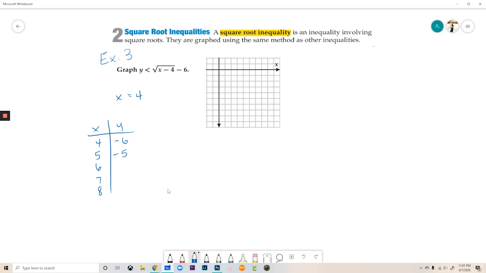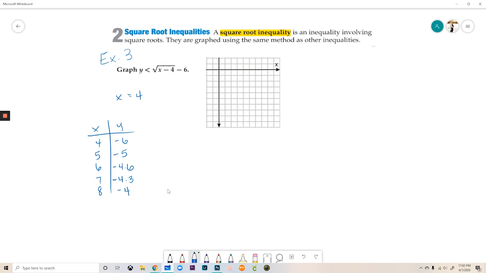Square root of 2 minus 6 is about negative 4.6. If I plug in a 7, 7 minus 4 is the square root of 3, minus 6 is about negative 4.3. And then 8 minus 4 is 4, square root of 4 is 2, minus 6 is going to be negative 4. So as you can see, it's going to start coming up a little bit.